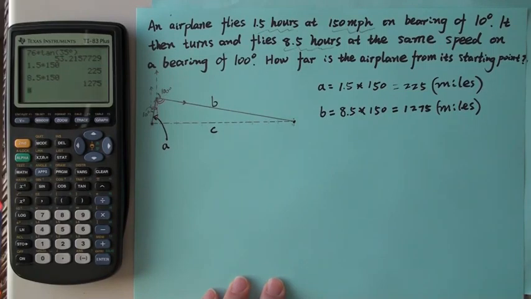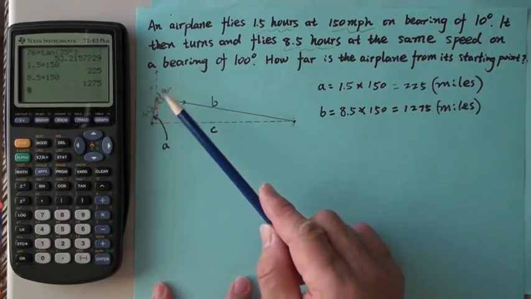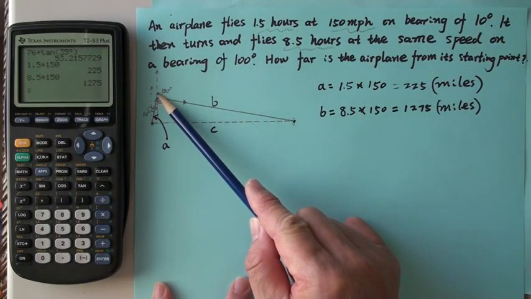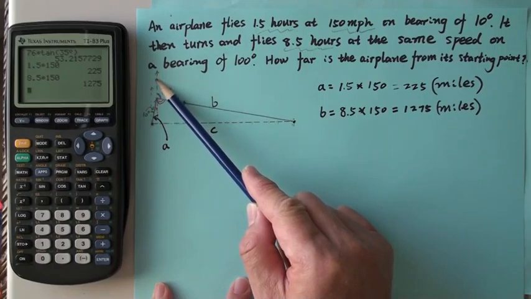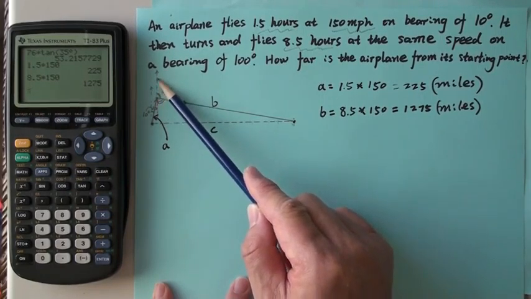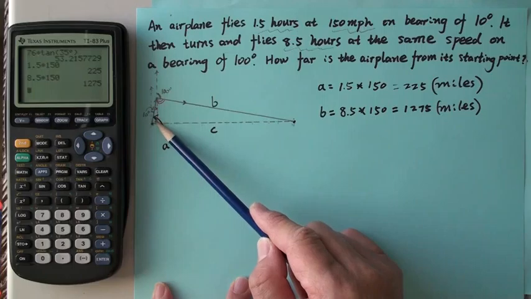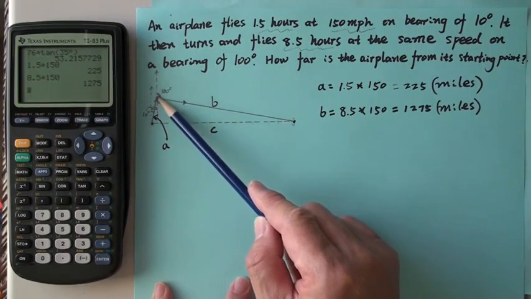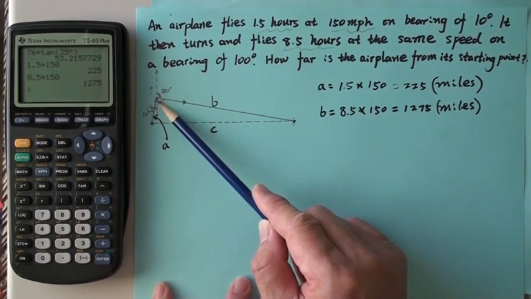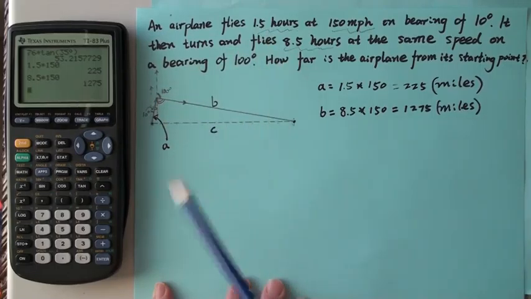You know, there are a few ways to do that. Let's use maybe an easy way. Look, this is 100 degrees. If we stretch this line down, we know this angle will be 80 degrees.